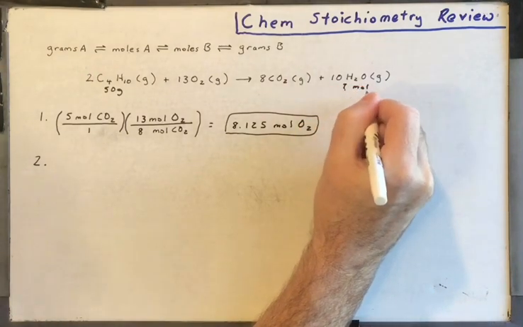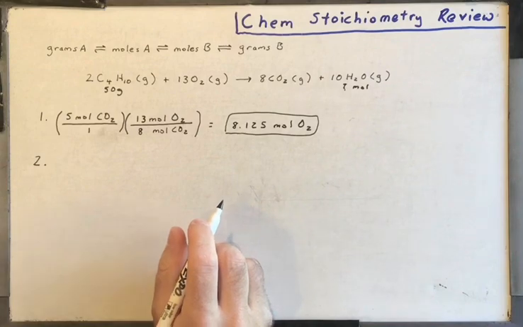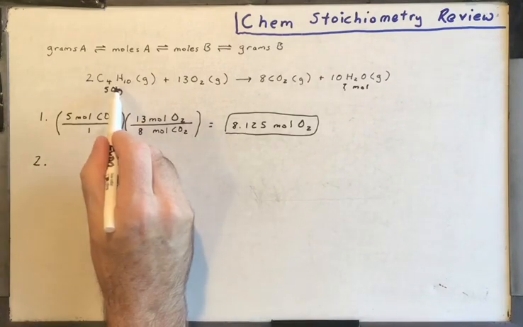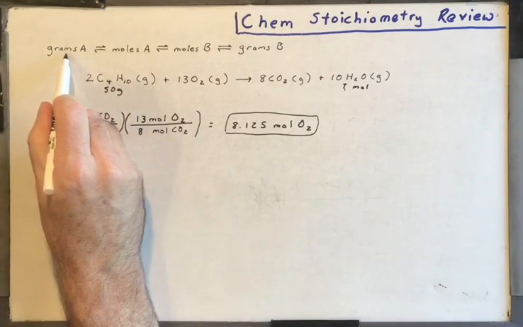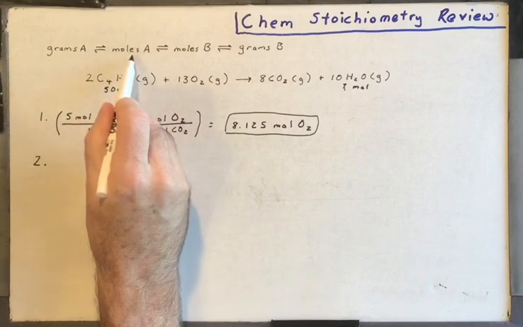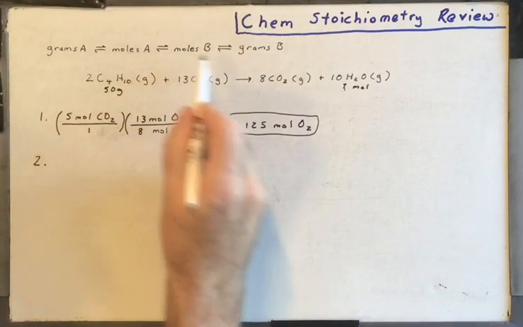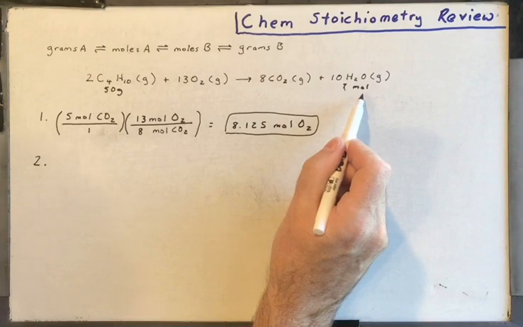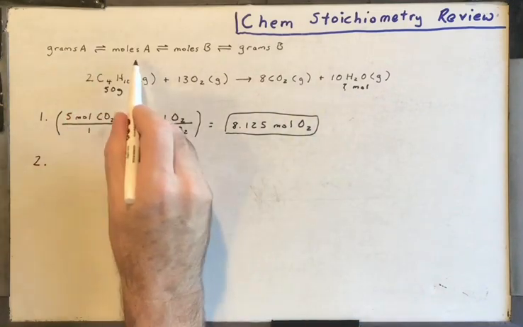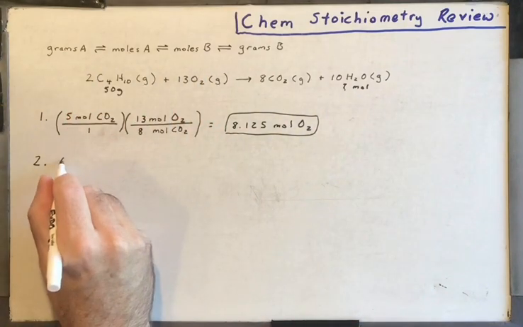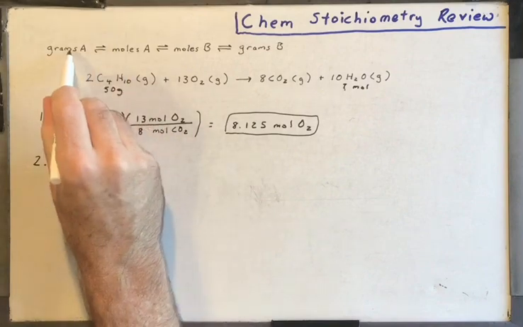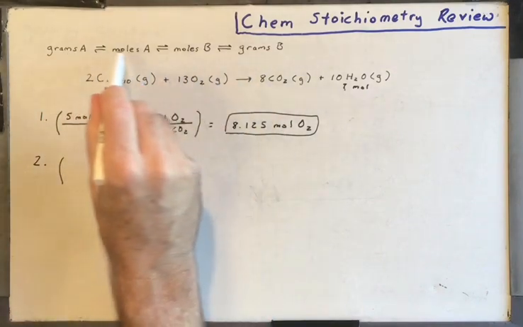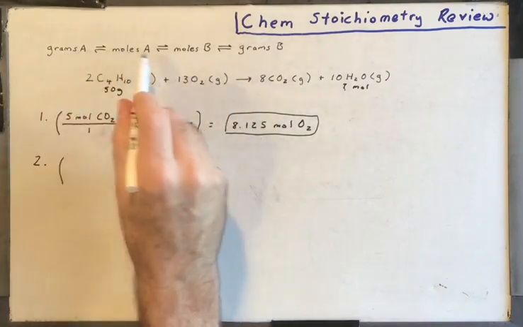So question mark moles. So we're going from grams of substance A right here. Then we have to go to moles of substance A, and we want to stop at moles of substance B, which is moles of water. So that's going to be 3 sets of parentheses. All right, so you just follow. If you will write this down at the top of your test, just follow that procedure.